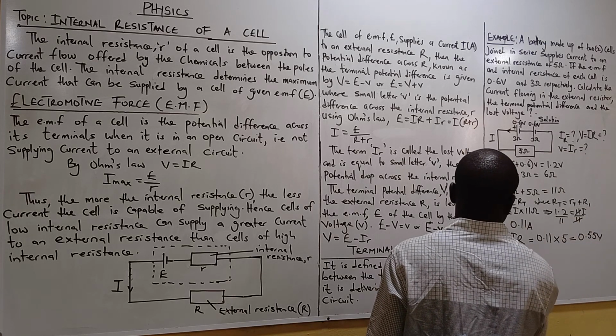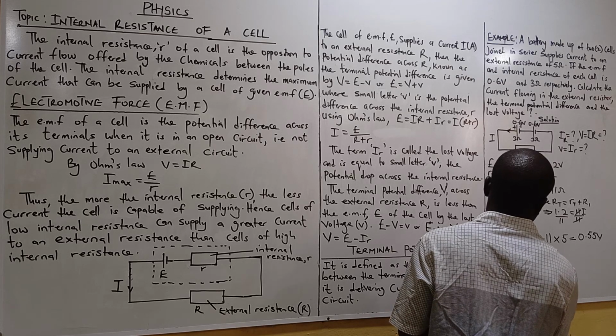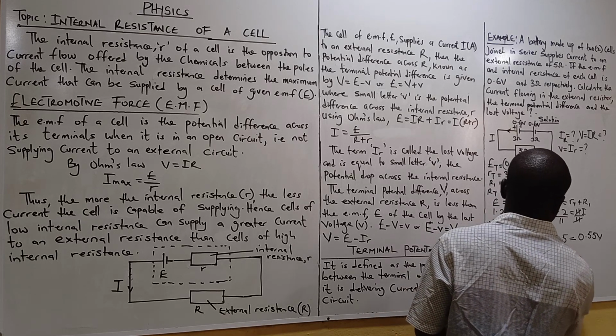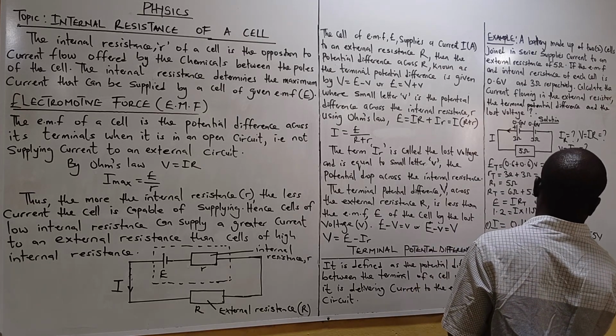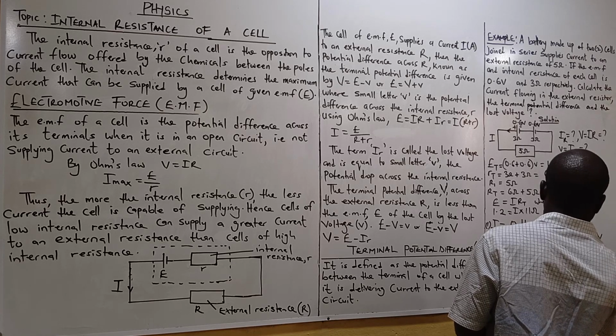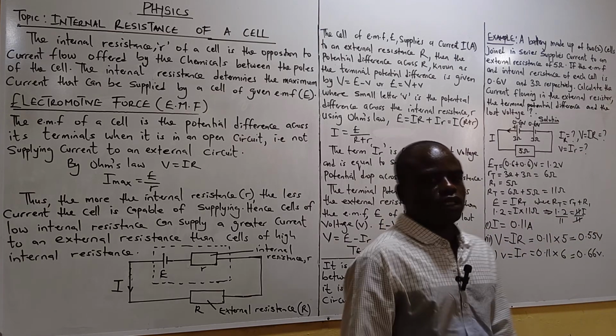The third one is the lost voltage, small letter v, which is I small letter r. The current is 0.11 times internal resistance, which is 6, which is 0.66 volts, the lost voltage. This is the end of our class.